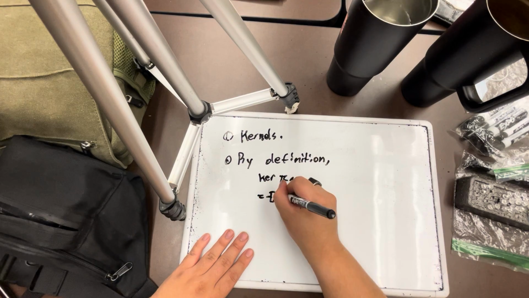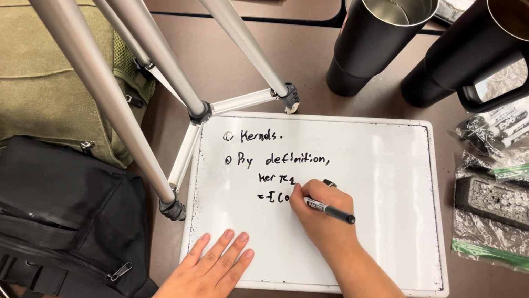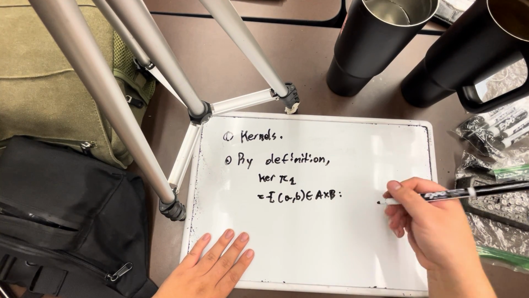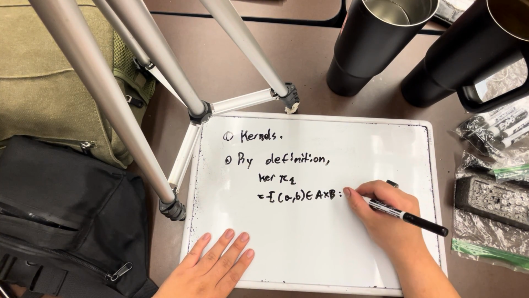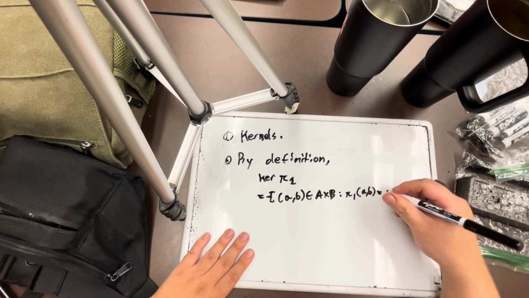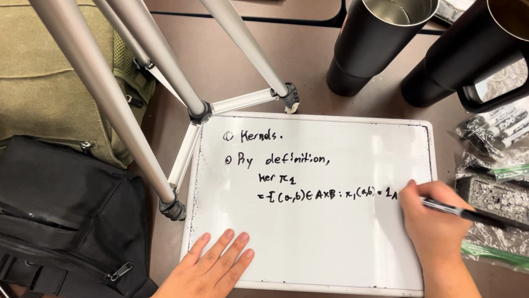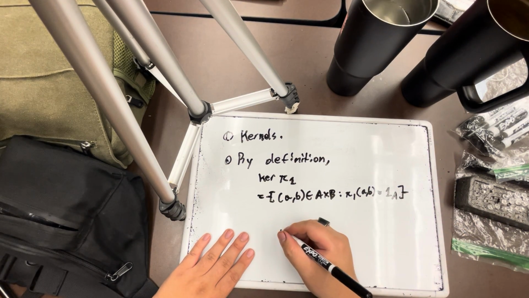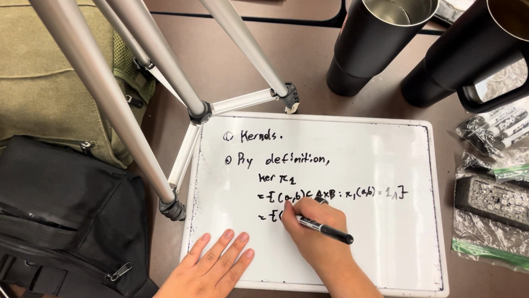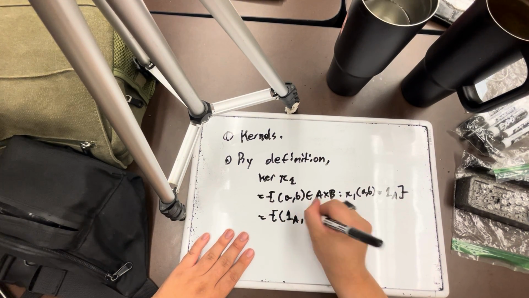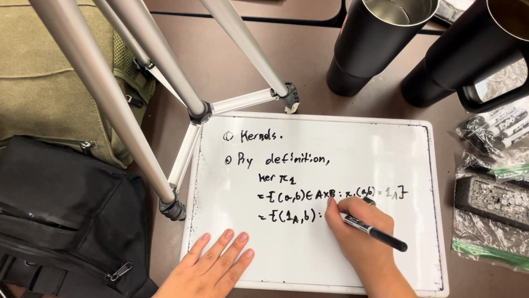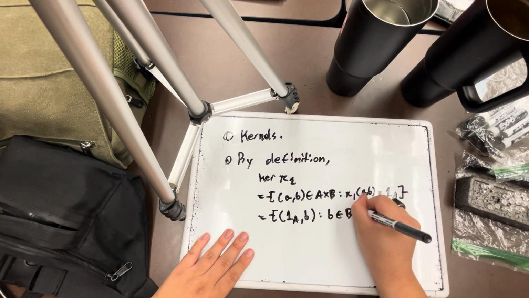That's equal to the set containing (A, B) contained within A cross B such that pi sub 1 of (A, B) is equal to 1 sub A, the identity of A, which is equal to the set containing (the identity of A, B) such that B is contained within B.